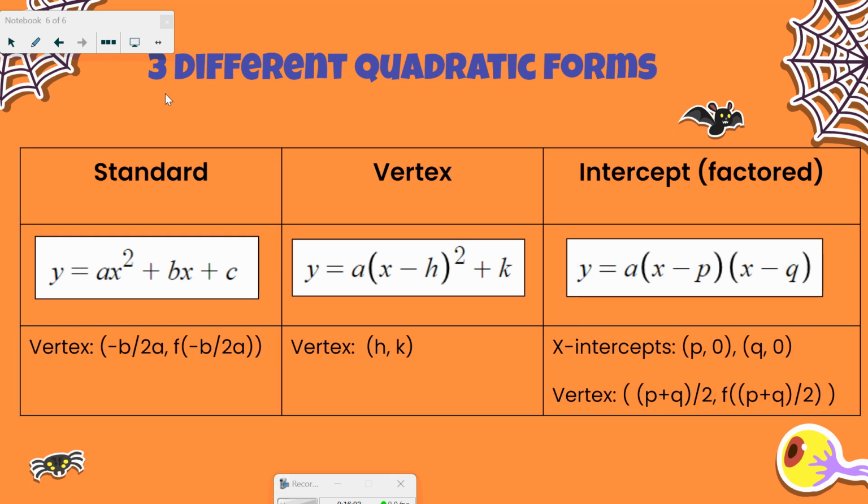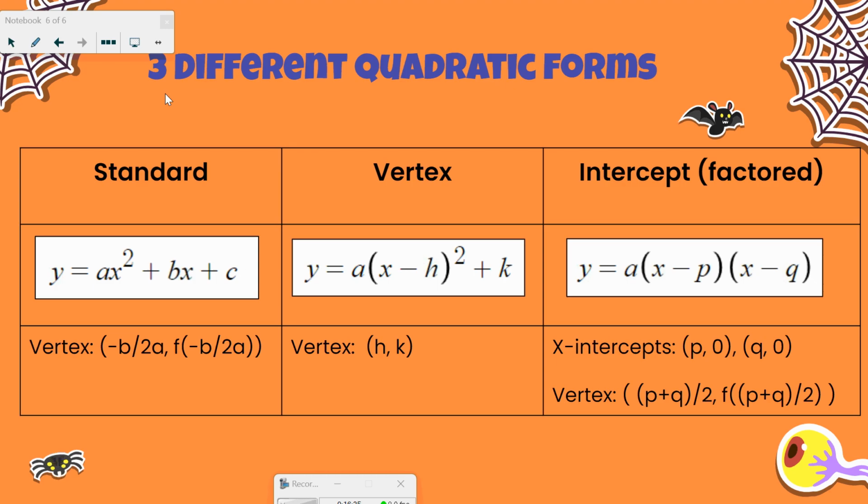So we have 3 different quadratic forms, and we're going to keep bringing this up throughout class and throughout this unit. Today we're only focusing on vertex form. We did start off in standard form with our warm-up when we were factoring, and then to get to intercept form, what does it look like it's made up of? What do you call those guys?